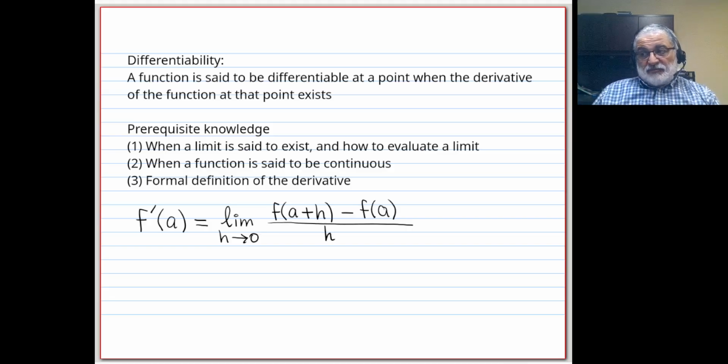This is the formal definition of the derivative, and you should be familiar with it. Now, as you can see, the derivative is a limit. The derivative is not just a regular function, which means that because a limit doesn't always exist, the derivative does not necessarily exist.